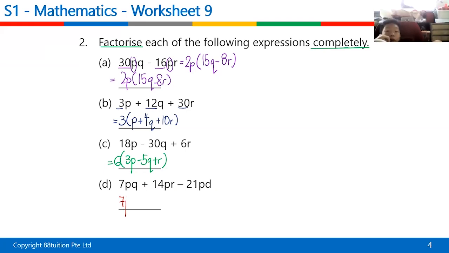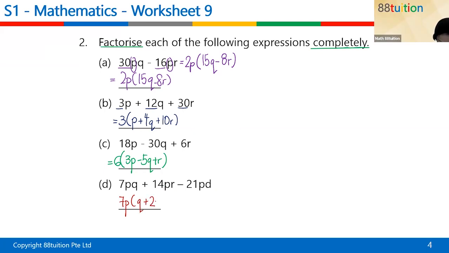The letter P. Great job. So I'm left with Q plus 2 what? 2R. Good. So this one is left with Q, then this one is left with D. So I have a negative D. Q plus 2R minus 3D.